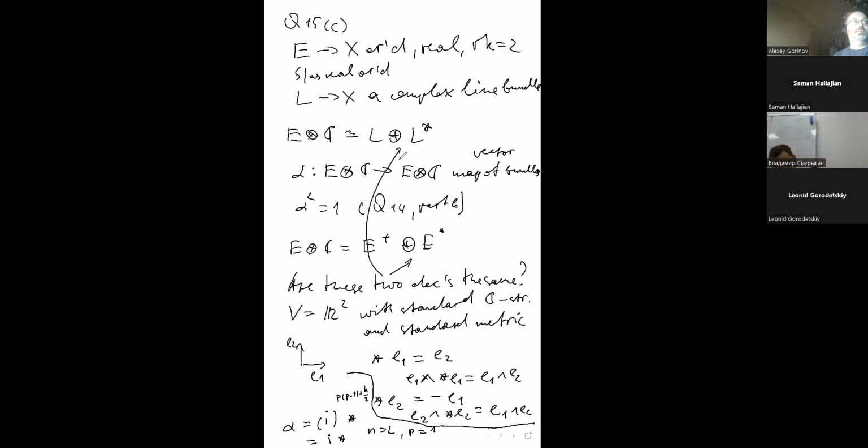If we just remember where this one comes from, we would basically take the eigenvectors of... in the definition of L and L star, we basically take the same vectors, but these vectors were the eigenvectors of multiplication by i.